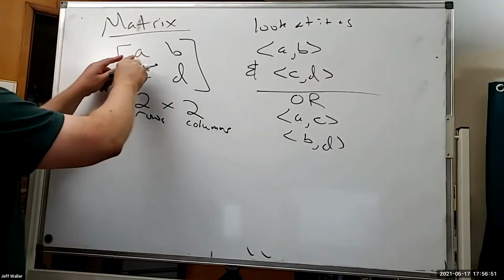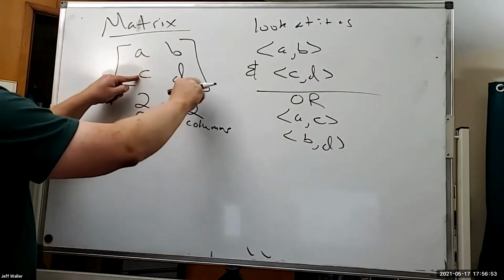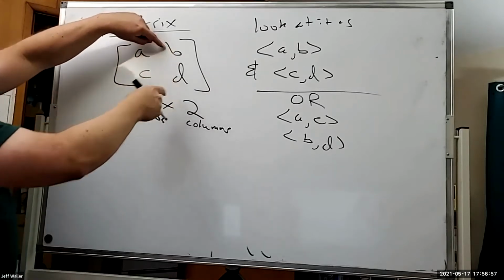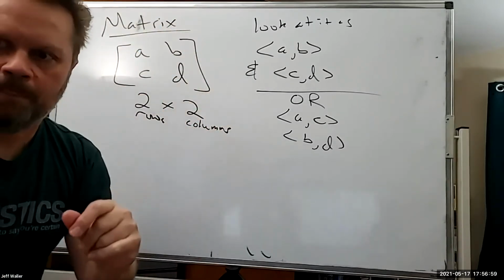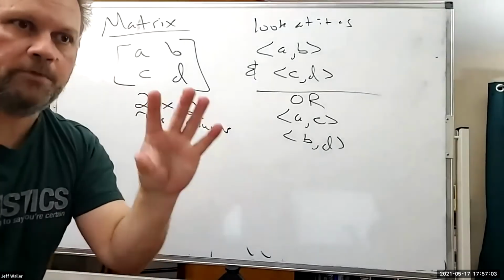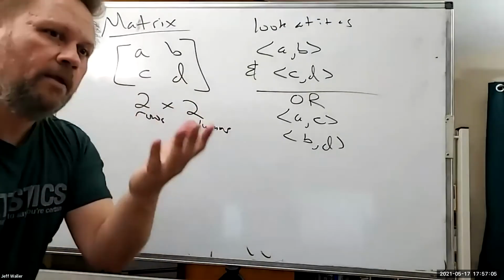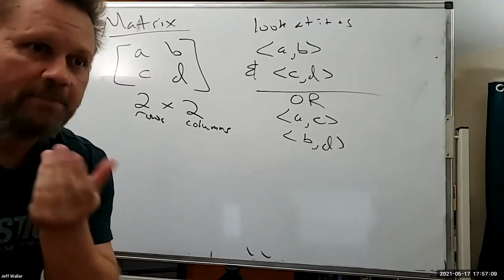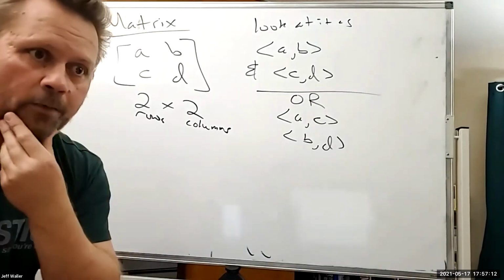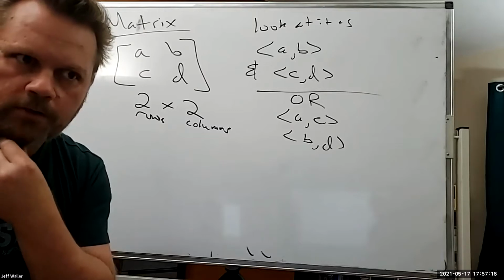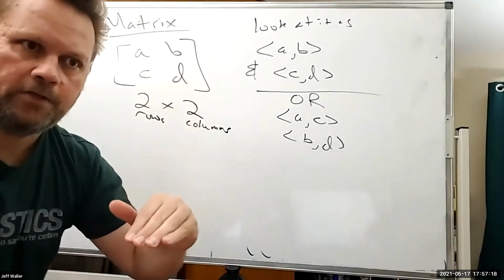I can look at it as a collection of row vectors, or as a collection of column vectors. It depends on the application, on what I'm trying to represent with the matrix, and on what I'm trying to do with it. And sometimes it doesn't depend. I can look at it either way. So it's kind of a way to stack vectors all together.